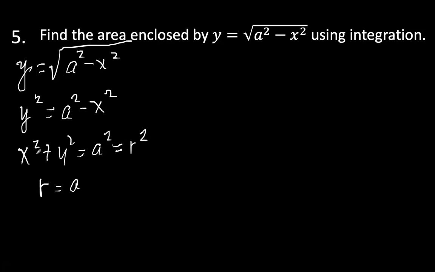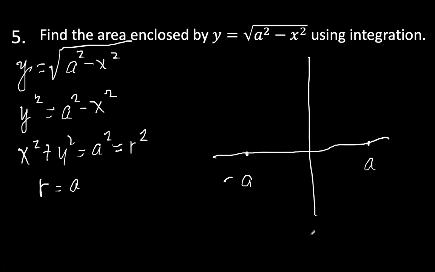So therefore, we can draw this equation here. Let's say this is our a, and this is our negative a. Since it's a circle, it should have a radius of a.